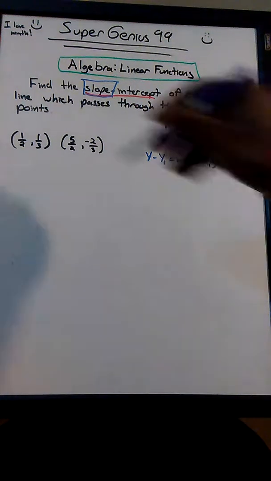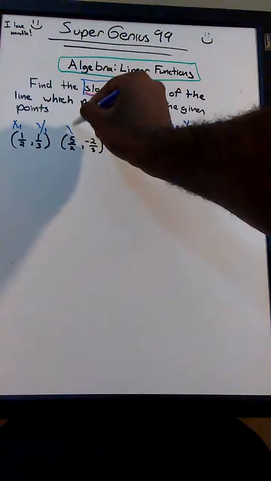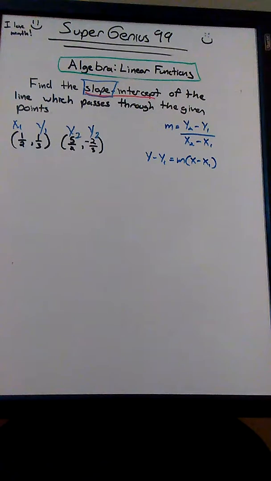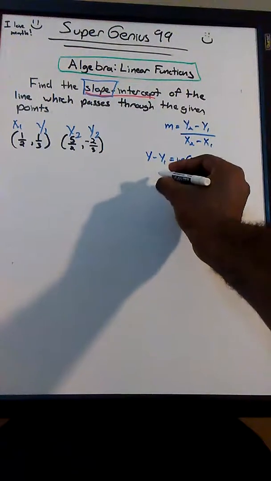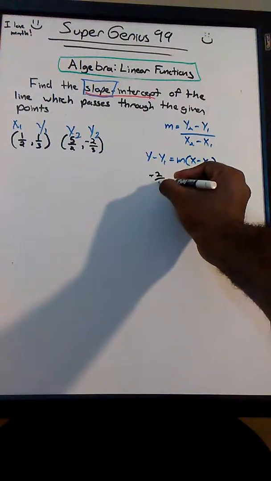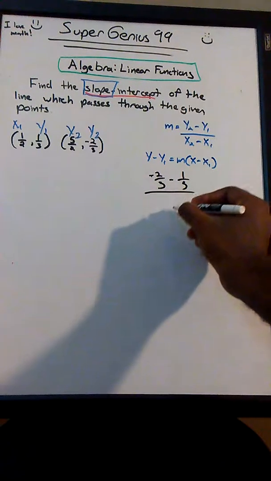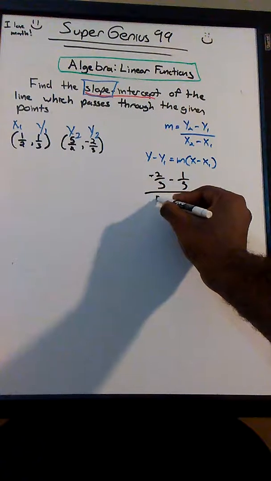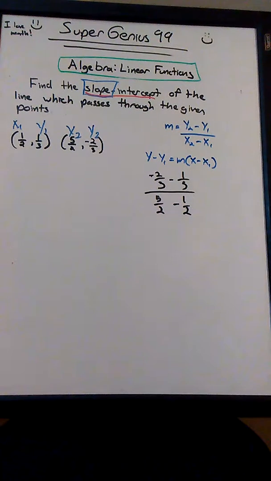Let's label our x's and our y's here: x1, y1, x2, y2. So plugging that in, your slope becomes y2, which is negative 2/3, minus y1, which is 1/3, over x2, which is 5/2, minus x1, which is 1/2.